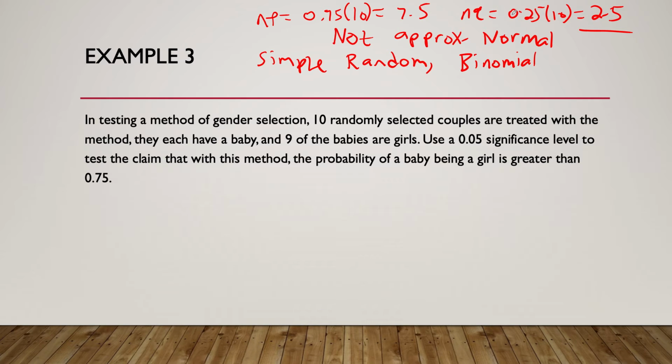So the hypothesis statements, H naught is that p is equal to 0.75, and the alternative is that p is greater than 0.75. And this uses the probability that we have x greater than or equal to 9.